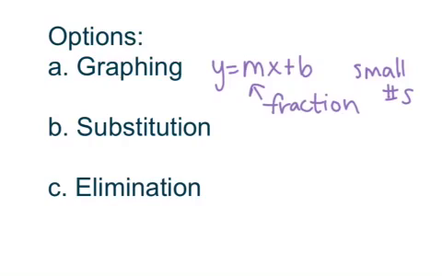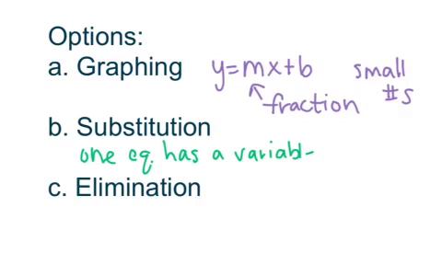When I am solving by substitution, usually what will happen is one of the equations might look like standard form, which is having the x and the y's on the same side. But the other equation has to have a variable isolated. So for substitution, usually the giveaway is that one equation has a variable isolated.